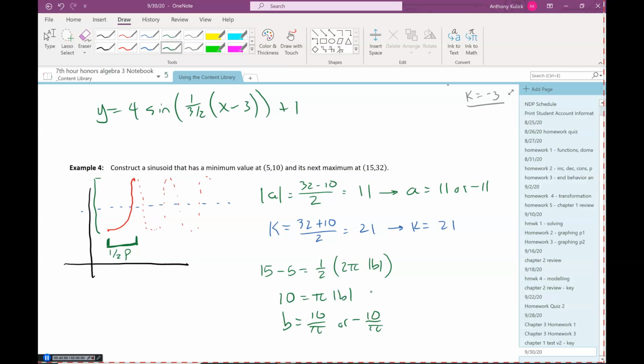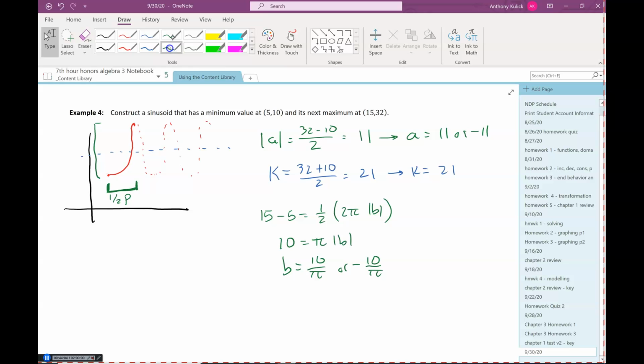So now we're just left to come up with our h. If I'm doing a cosine function, that would be the easiest situation, because I can go from 0, 1, my max, to 15, 32, which is also a maximum. So I know that the h is just the x coordinate, and the a has to be positive.